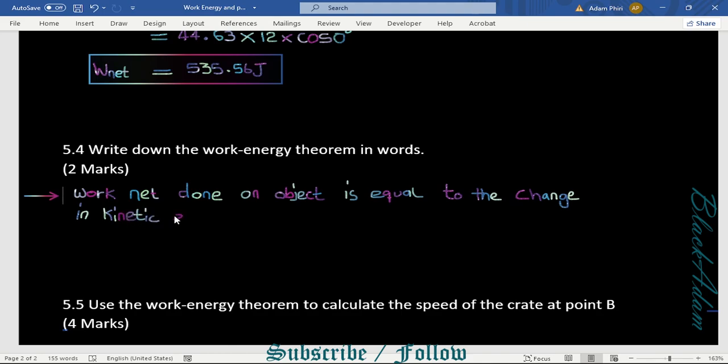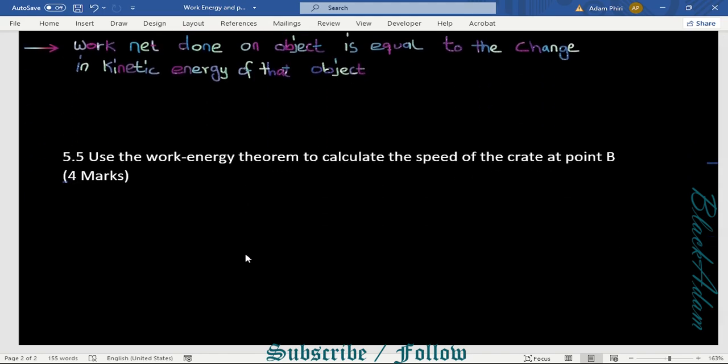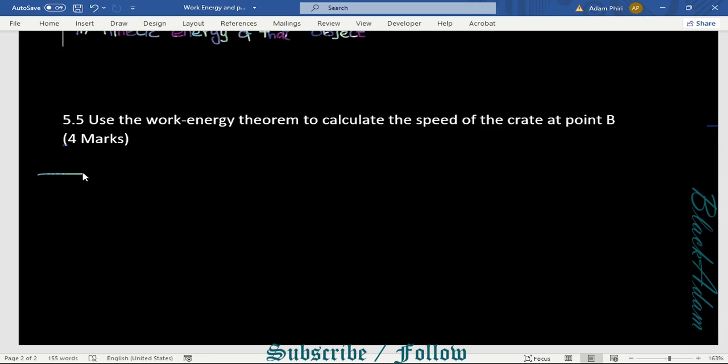You can put it in any wording you feel comfortable with, but this is how I'm going to define it. Then we use the work energy theorem to calculate the problem.